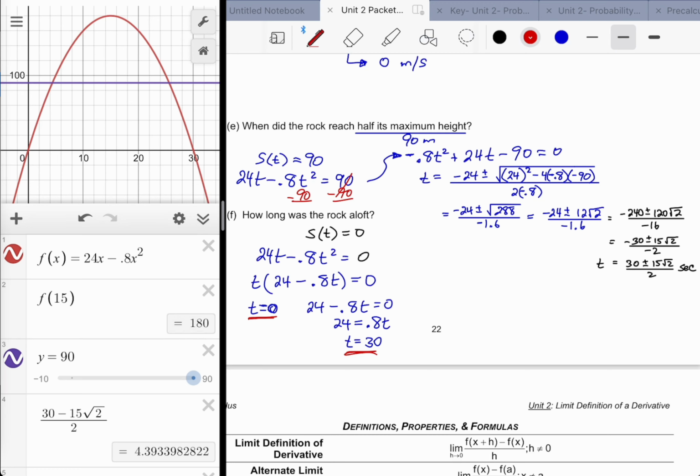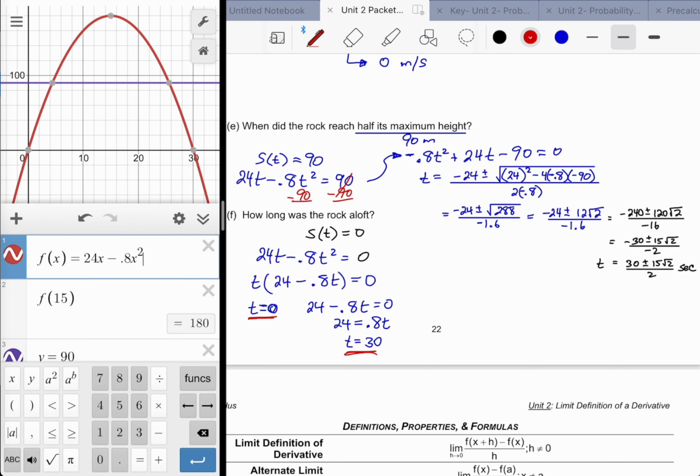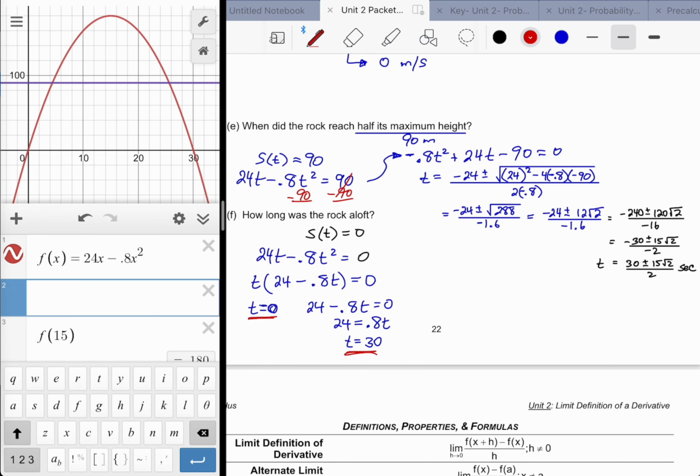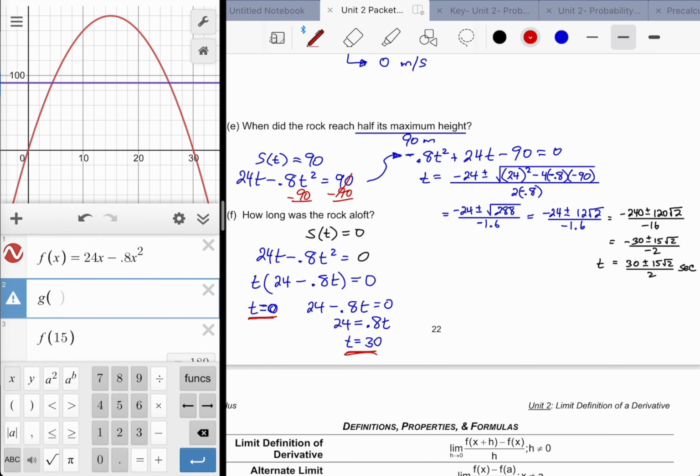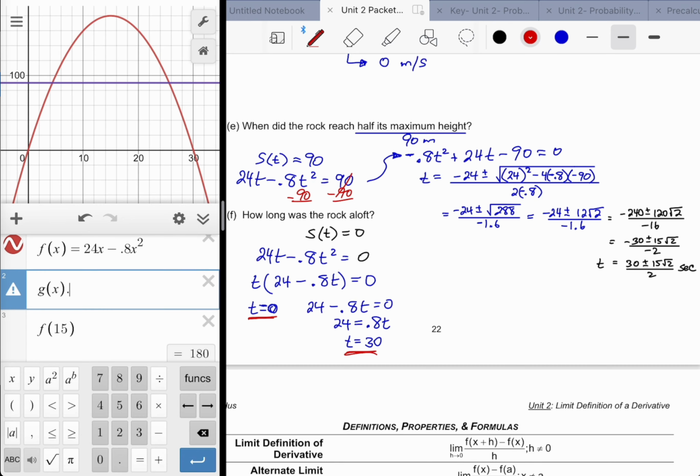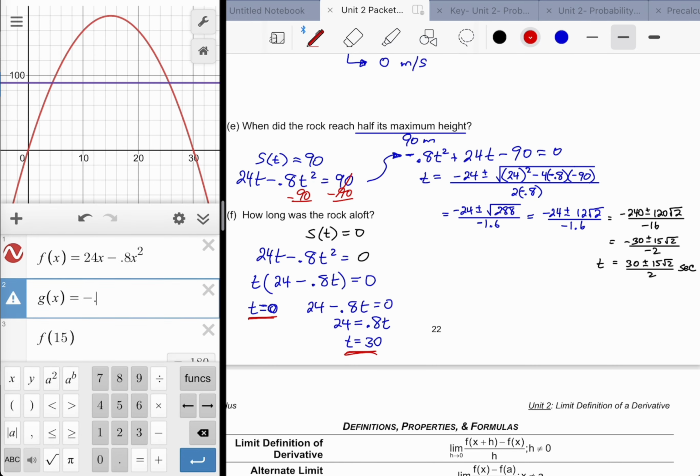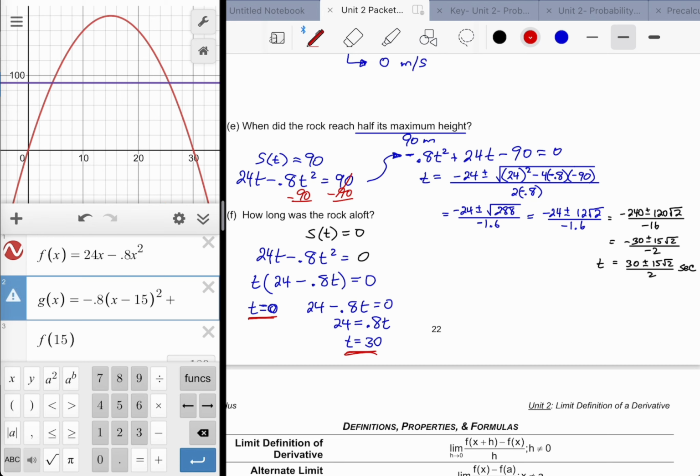All right, so let me see if I can come up with that function real quick. Let's say it was g of x equals negative 0.8 times (x minus 15) squared, plus 30. No, plus 180 is what it was, right?